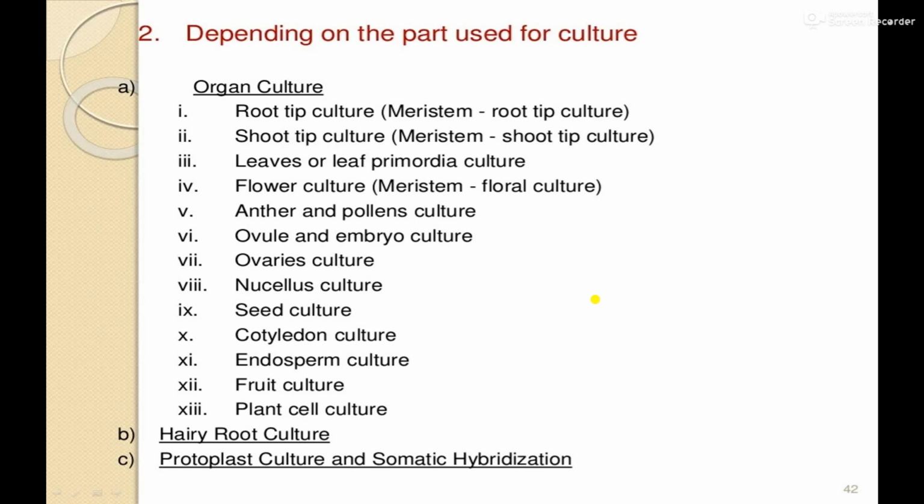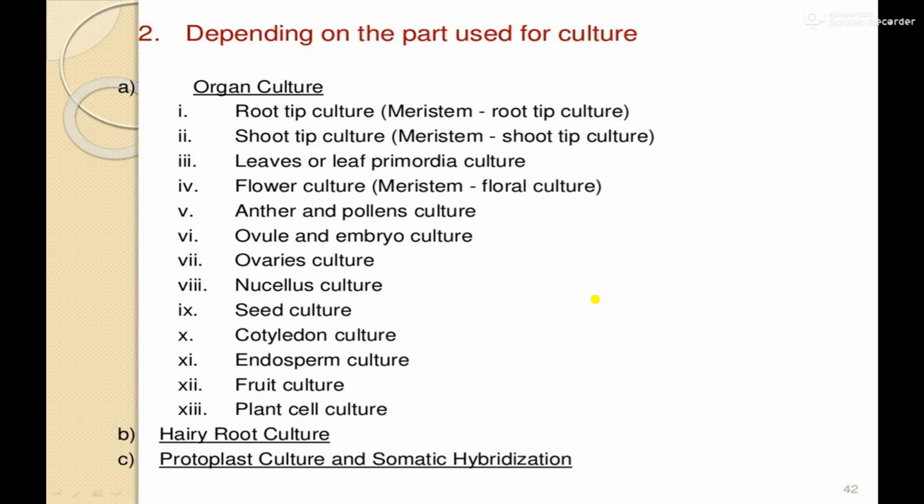In the previous lecture, we saw depending on the medium used for culture: continuous culture and subcontinuous culture, closed type, open type, in that turbidostat, chemostat, and batch culture.